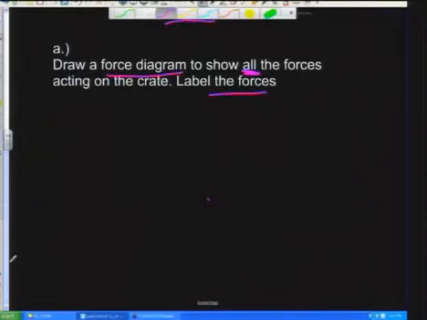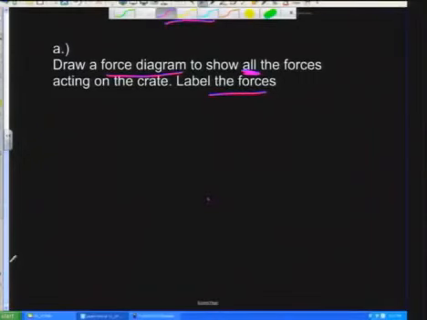What else do we know? From this idea here, we know that there's a frictional force, and we can put that in. If you read the full question, you'll see the next question is to calculate its acceleration. So we know that the frictional force is not going to be bigger or not going to be equal to the applied force.